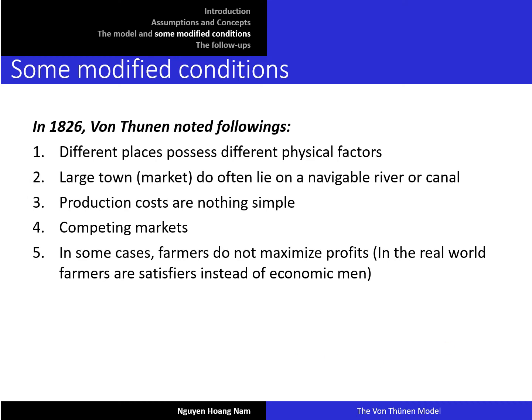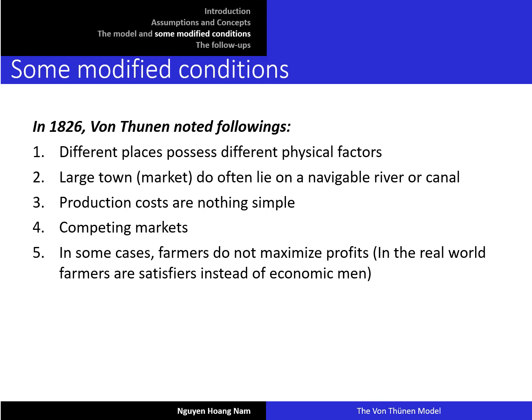Second, large town markets do not often lie on a navigable river or canal. Third, product costs are nothing simple. Product costs can be changed, and it might be another variable, but not a parameter as we had in the exercise.